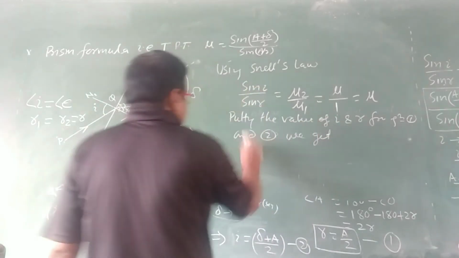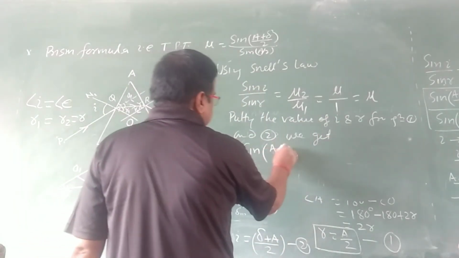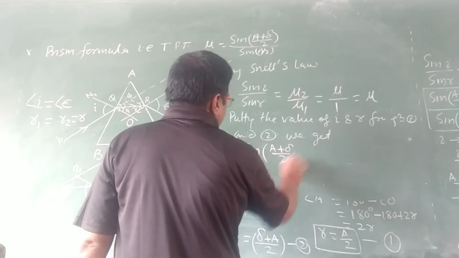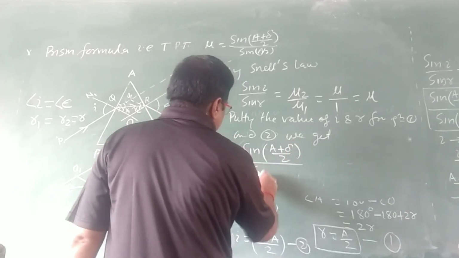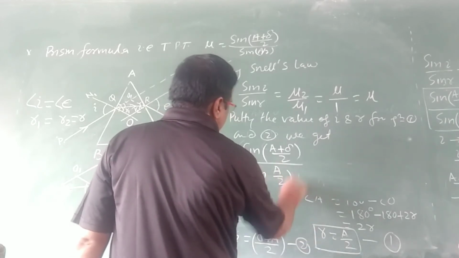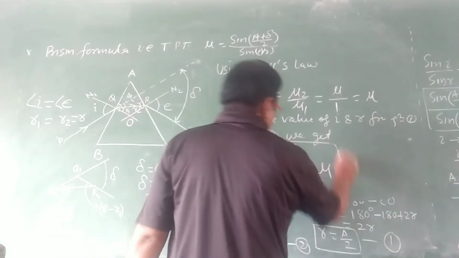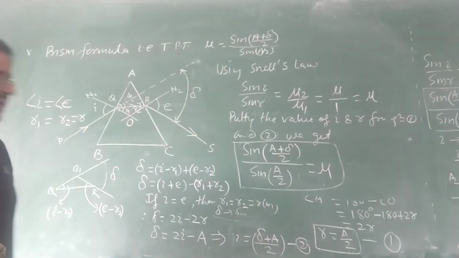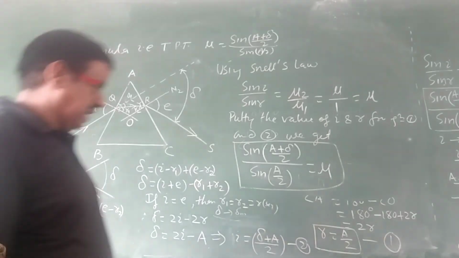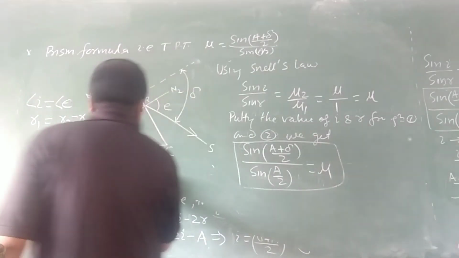Let us see. Sin I, in place of I we will write A plus delta by 2, divided by sin R, in place of R, A by 2, is equal to mu. This is called the Prism formula. So this is all about the Prism formula.